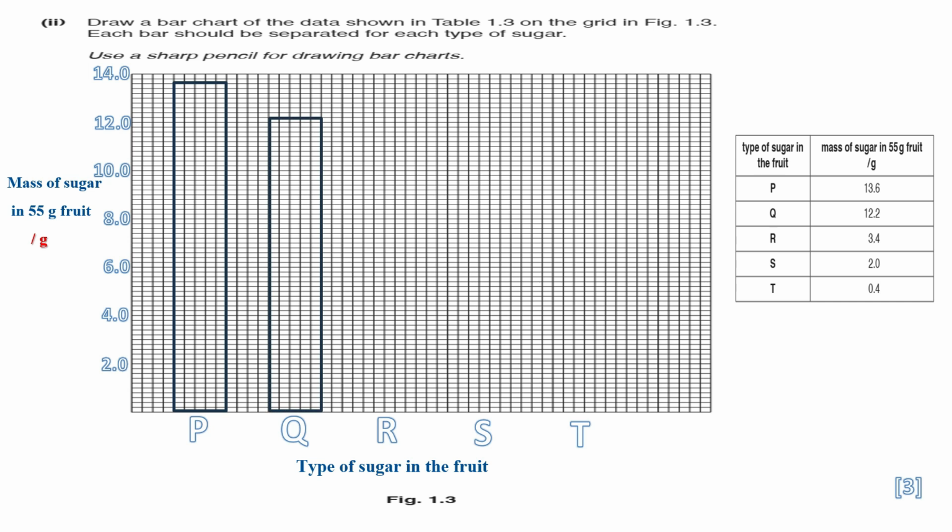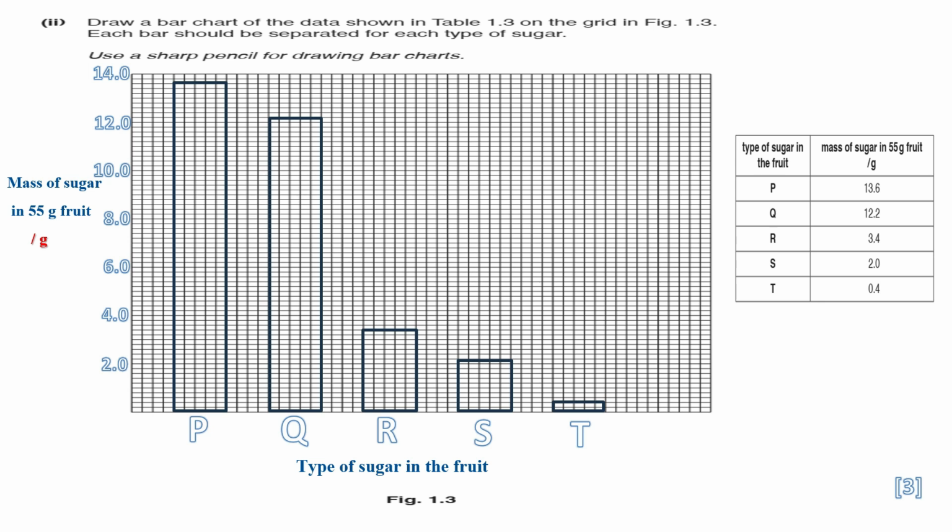Now, leave space and take Q. For Q, 12.2. For R, 3.4. For S, 2. For T, 0.4. What about requirements when we draw a bar chart?